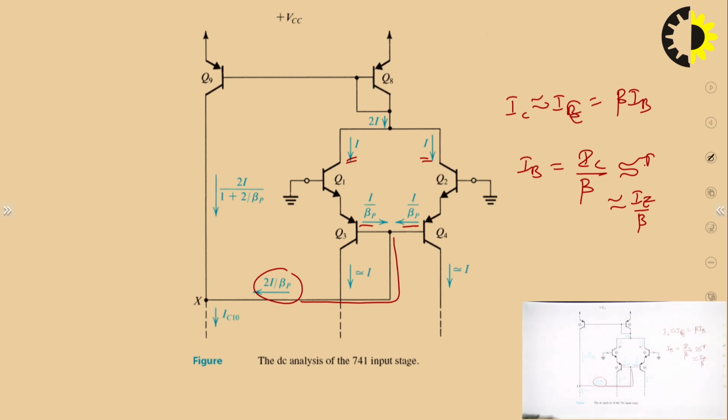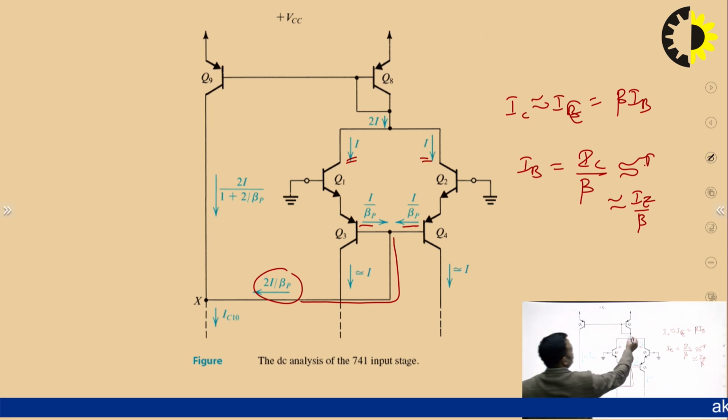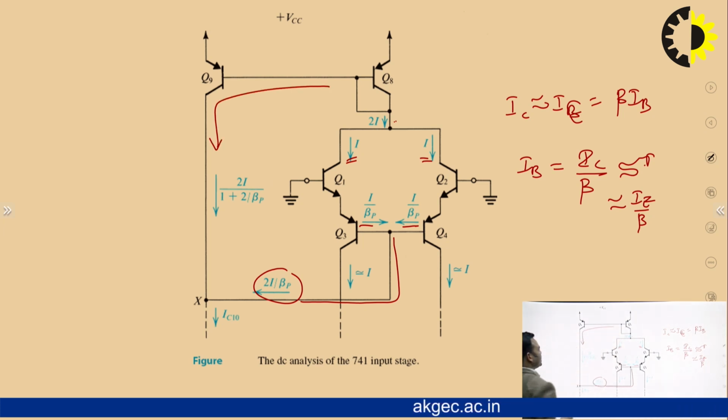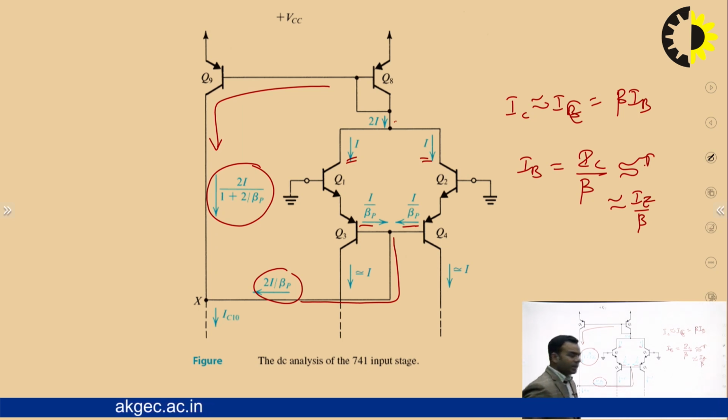And by the current mirror circuit, this current is I, then this current should be I upon 1 plus 2 upon beta, but this current is 2I. So the current which is flowing in this transistor Q9 will be 2I upon 1 plus 2 upon beta by the property of the current mirror circuit.